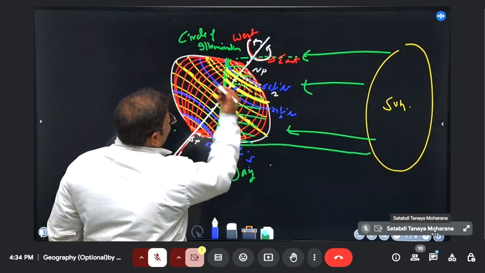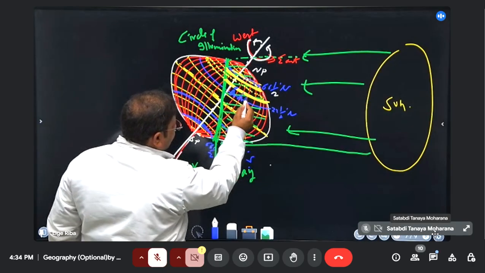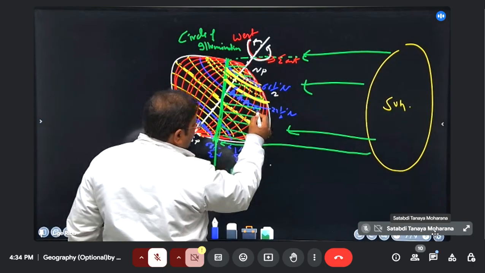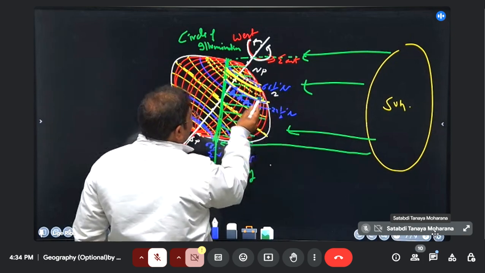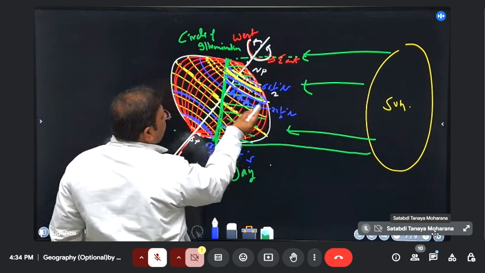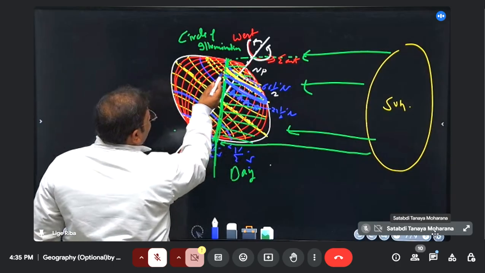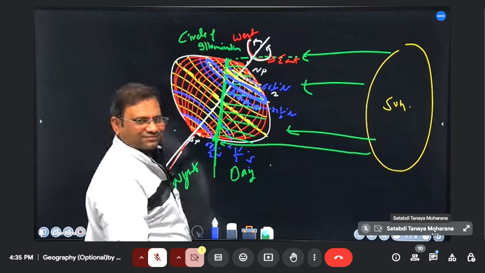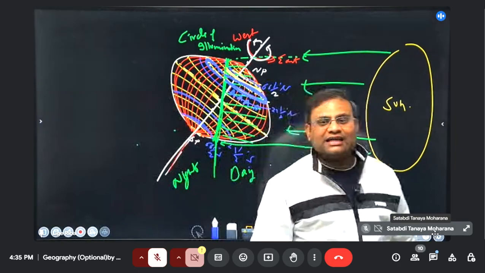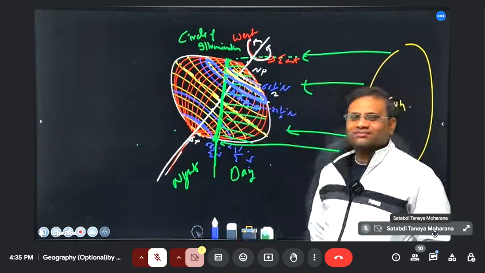When the earth rotates, this A will come there. A is in day, and from the backward side also in the day. So for this long journey, A will remain in the day, and for this short journey only, A is in the night. So days are longer, nights are shorter.